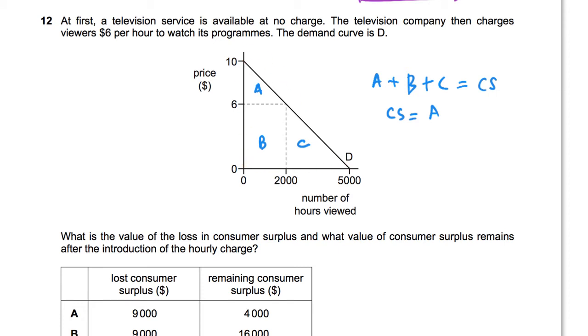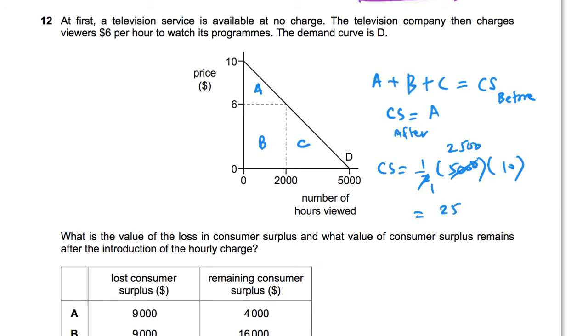So consumer surplus, let's call this before versus after. Before would be half times 5,000 times 10. Yes, the area of the triangle would be half into base into height, so that would be equal to 25,000.